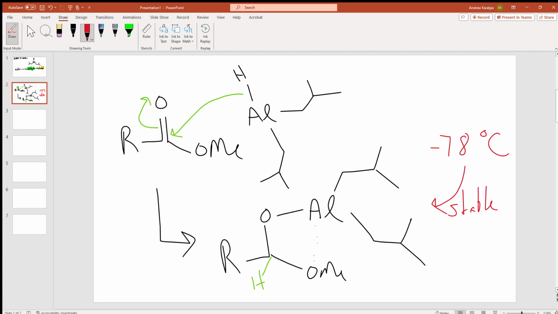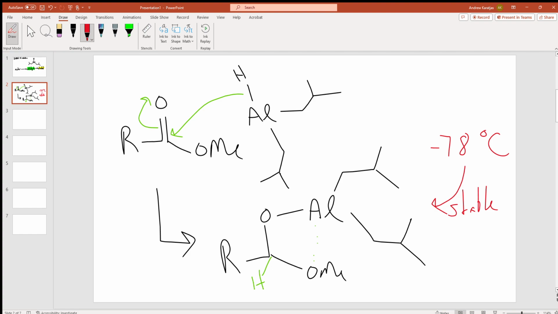It immediately goes to the aldehyde, and the aldehyde continues to react. Well, if you do your LAH reduction at room temperature or warmer temperatures, the same thing will happen. You'll immediately form the aldehyde, and the aldehyde will get reduced.